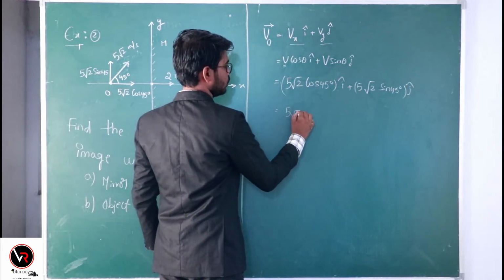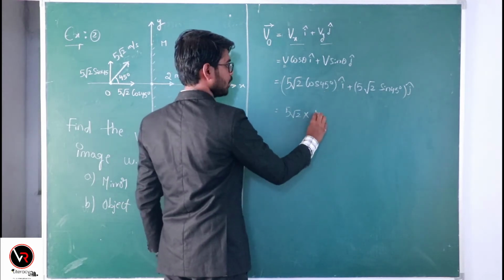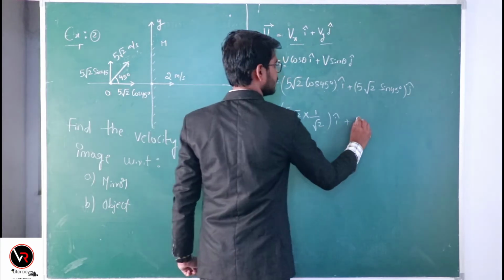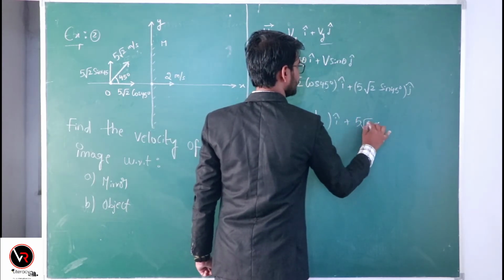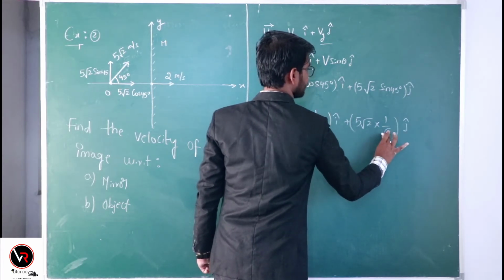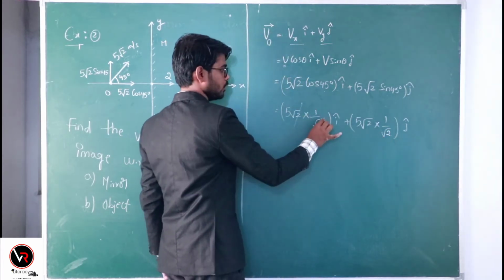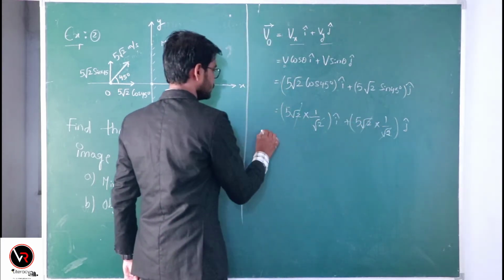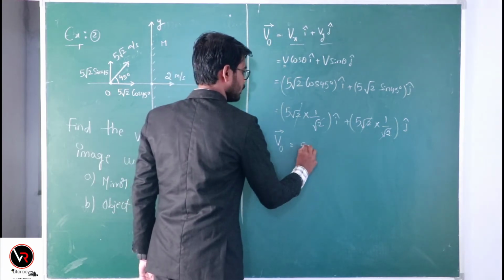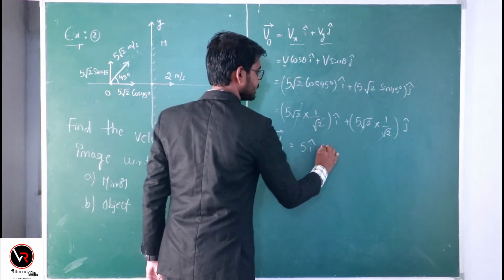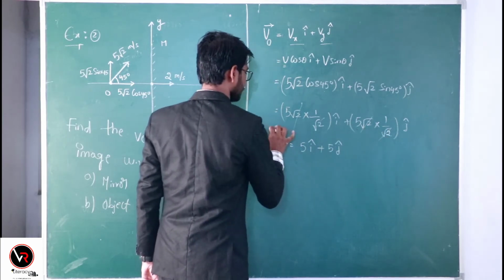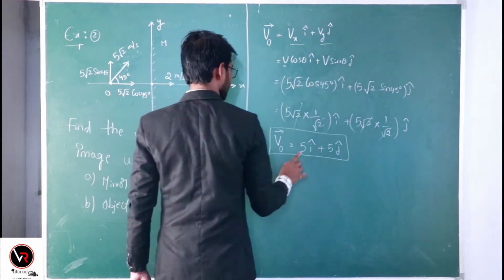So 5 root 2 into cos 45, which is 1 by root 2, î plus 5 root 2 into sin 45, which is 1 by root 2, ĵ. So root 2 will get cancelled, root 2 will get cancelled. Therefore the velocity of the object here is equal to 5 î plus 5 ĵ.